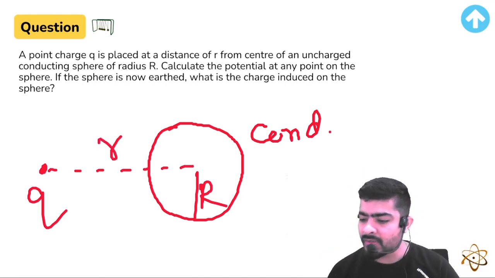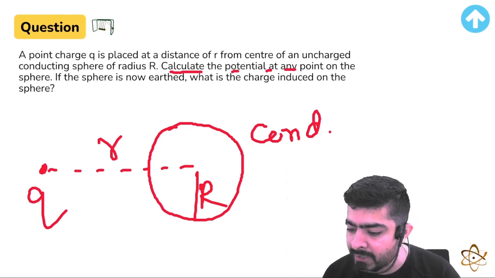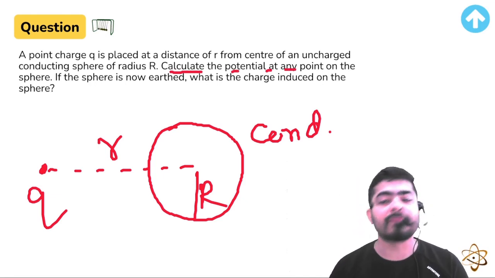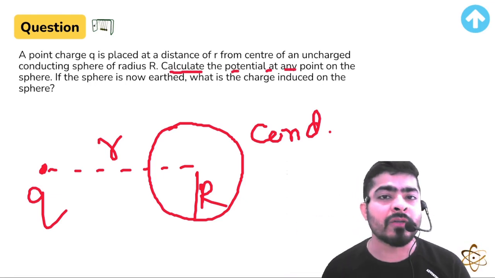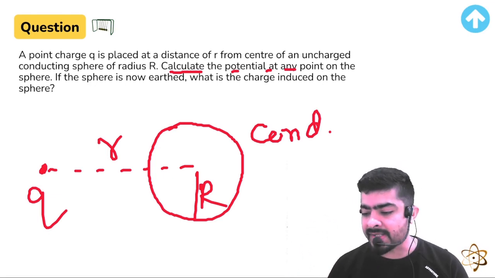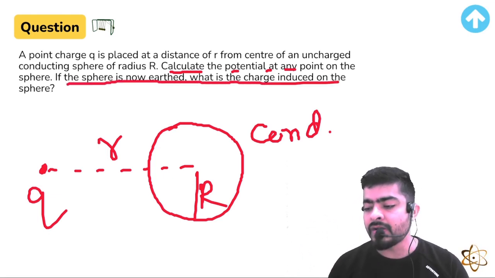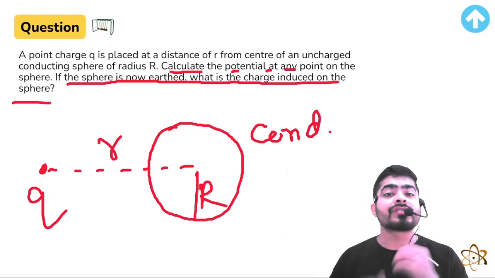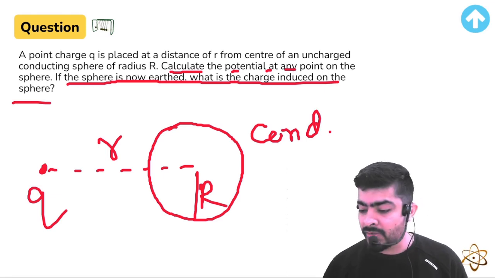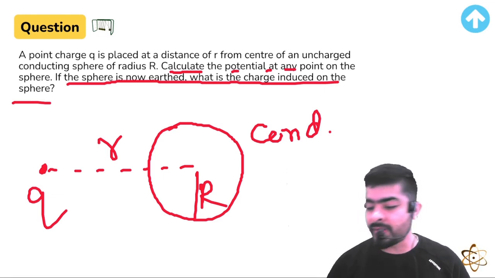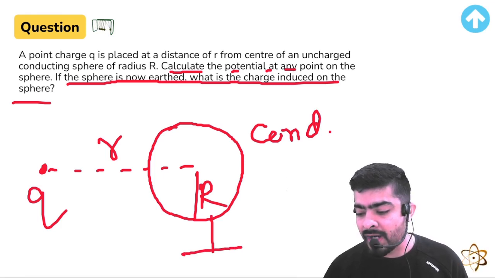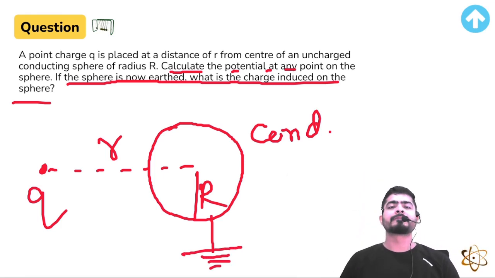Now they are asking to calculate the potential at any point on the sphere. Basically we have to calculate the potential of the conductor. Then they are asking if the sphere is now earthed, what is the charge induced on the sphere?